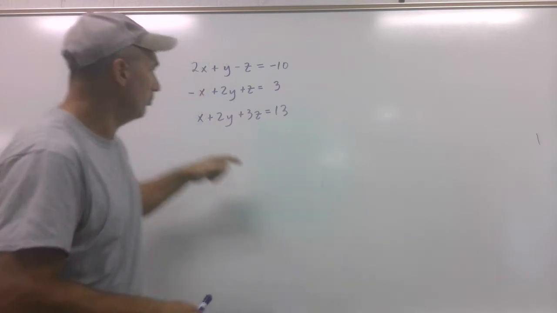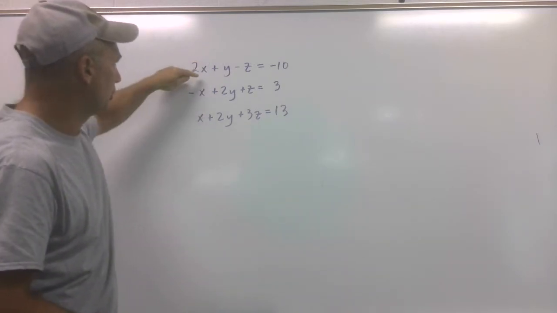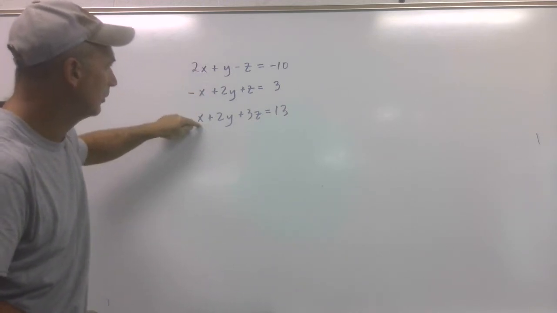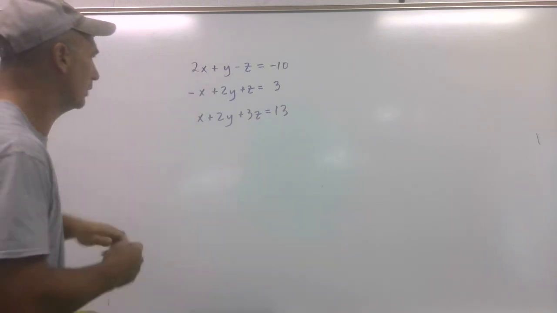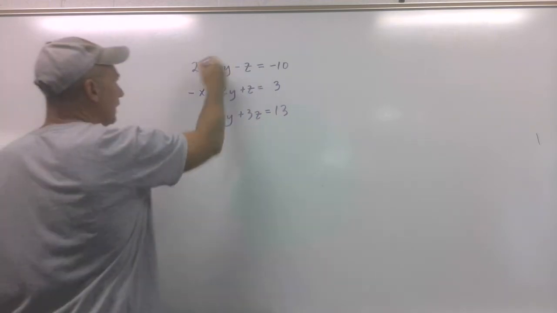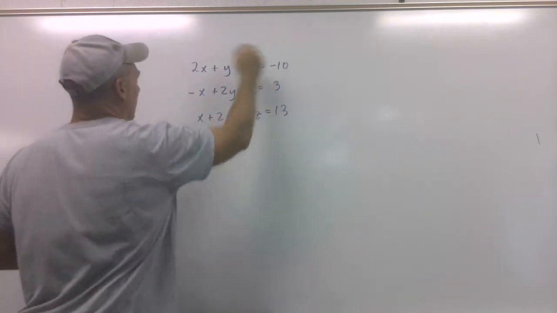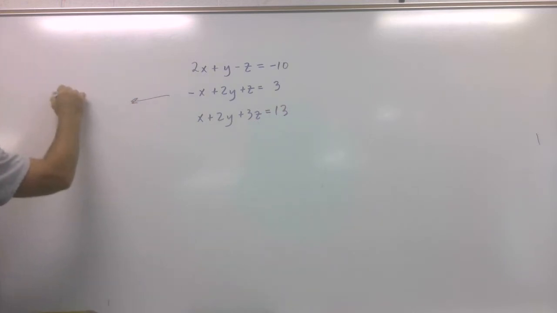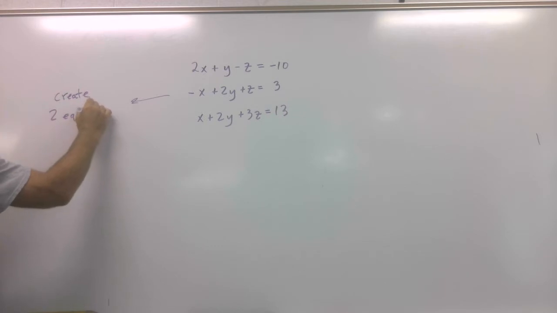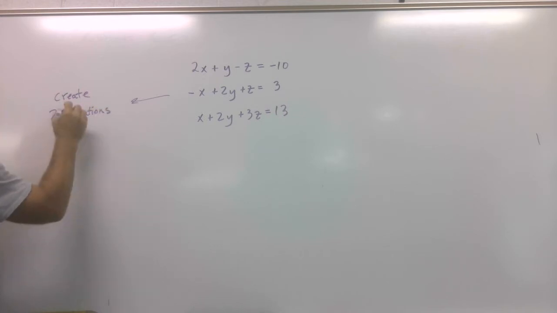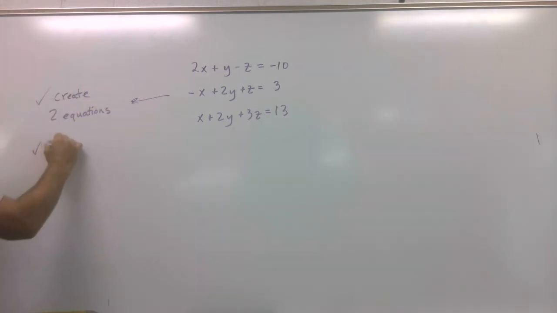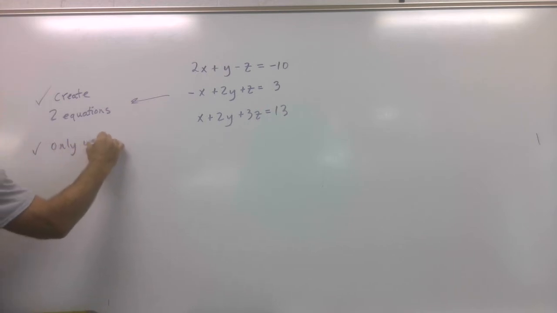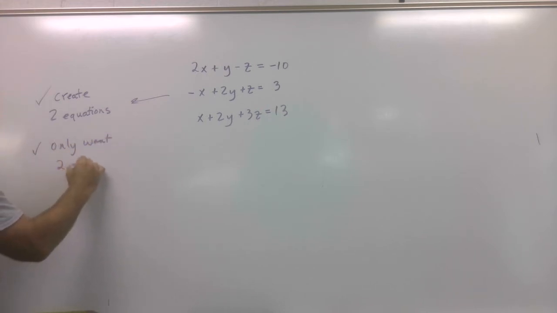Now, because we're used to x's and y's, we're going to take these 3 equations that have x, y, and z's, and our goal is to create 2 equations. But the difference is we only want 2 variables.